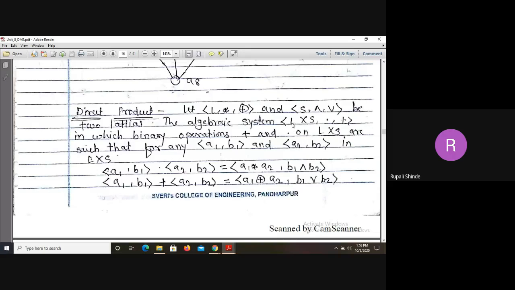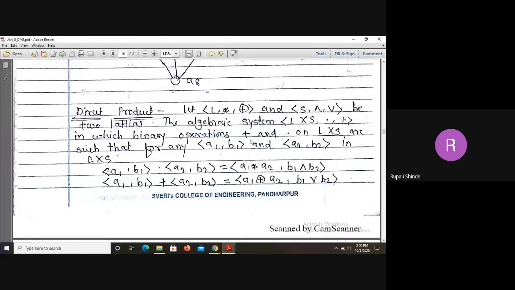Then the algebraic system L direct product S has operations dot and plus. What is the meaning of these two operations? After performing direct product on these two systems, the result is represented by dot and plus.